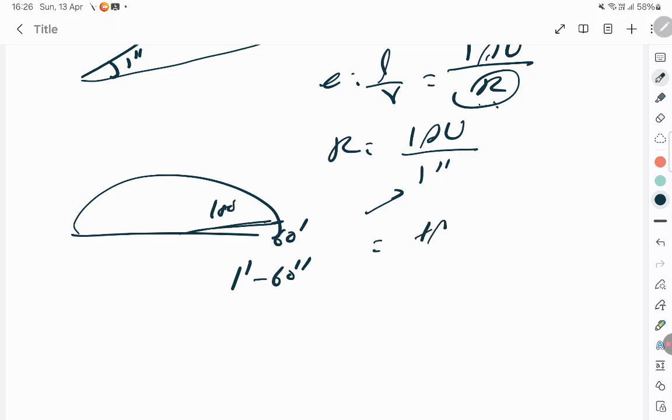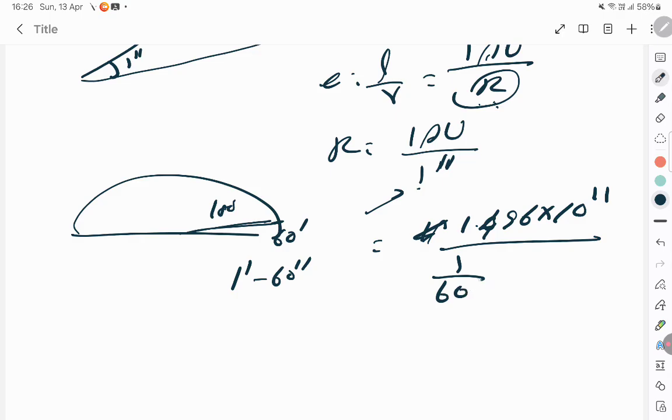So 1 astronomical unit value is 1.496 into 10 to the power 11 by 1 second, which is 1 by 60 for the minute, into another 1 by 60 for the seconds, and for converting it into radians, it's pi by 180, because you know pi radian is equal to 180 degree.